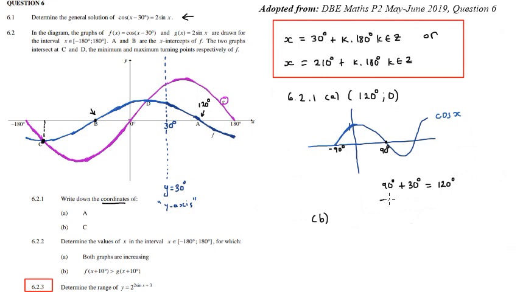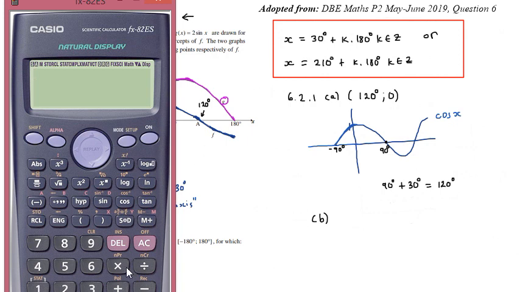So if you take the original minus 90 degrees and shift it 30 degrees to the right, that will put you at negative 60 degrees. So this is negative 60 degrees. Now on our calculator, we're going to find the coordinates of C by recognizing that it has to be an angle between minus 180 degrees and minus 60 degrees.